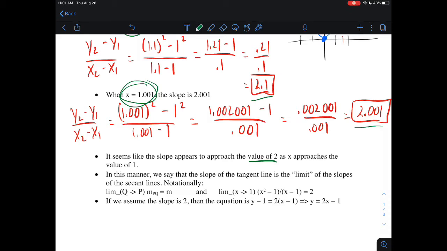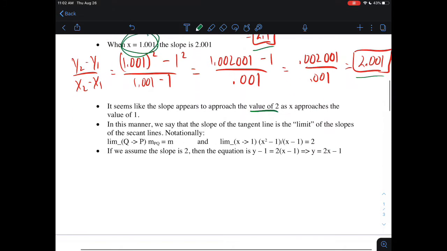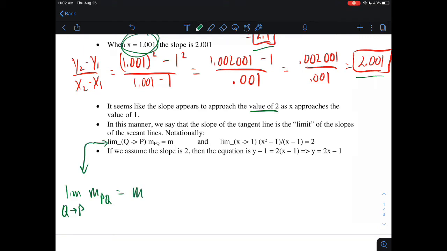In this manner, we say that the slope of the tangent line is the limit of the slopes of the secant line. Notationally, what I have written here on this line, we would write the limit as the point Q approaches the point P of the slope between the points P and Q is equal to m, the slope of the tangent line.